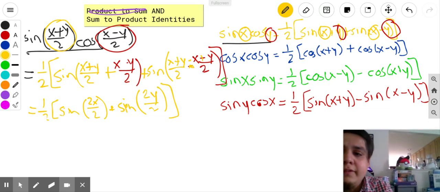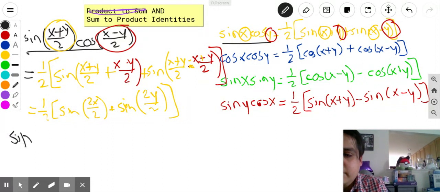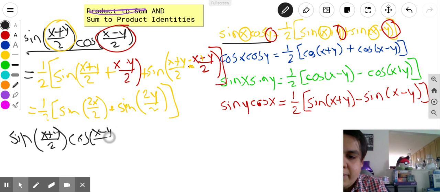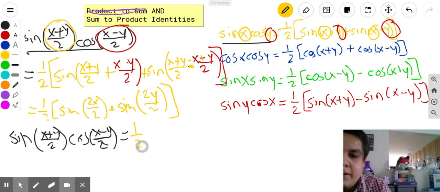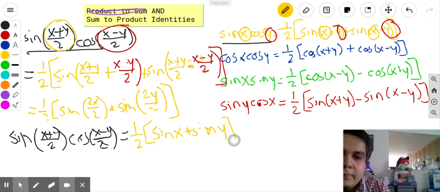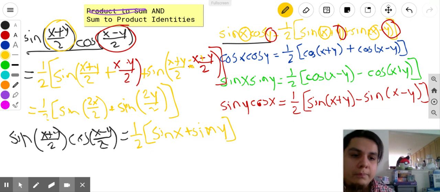So really I have this right here, sine of x plus y divided by 2 times a cosine of x minus y divided by 2 equals the 1/2 times whatever a sine of x plus a sine of y equals.